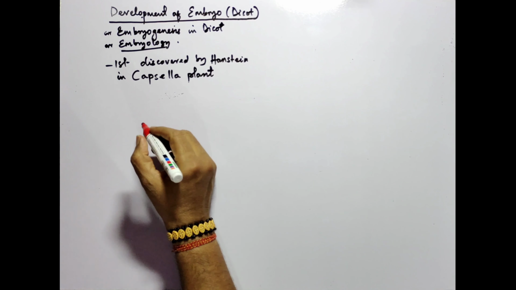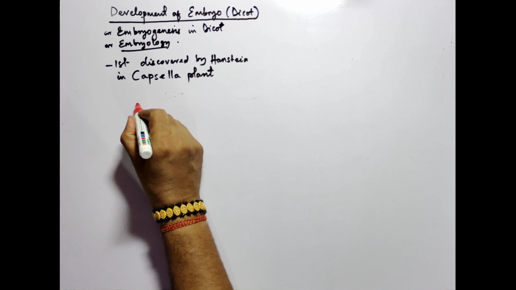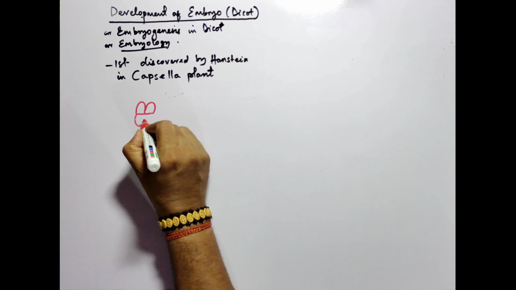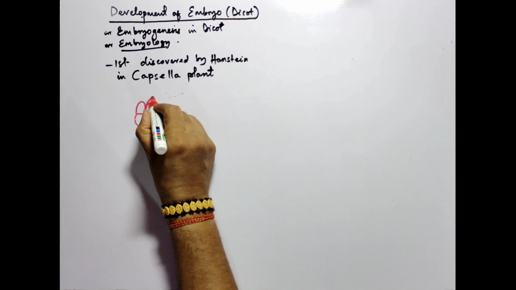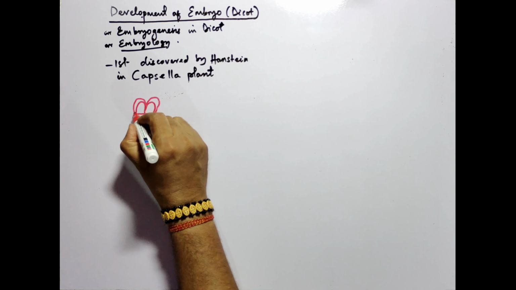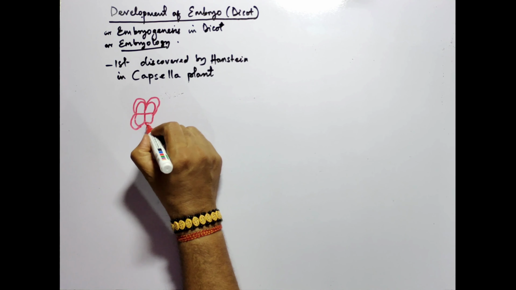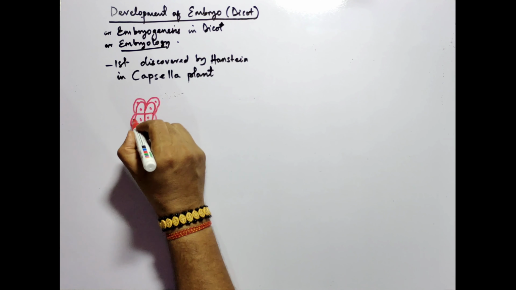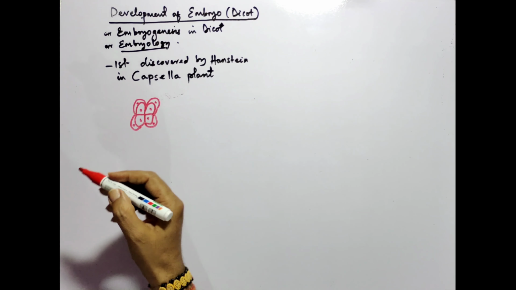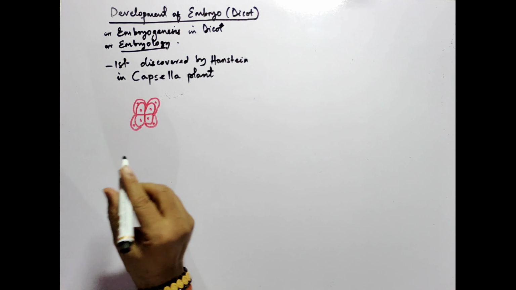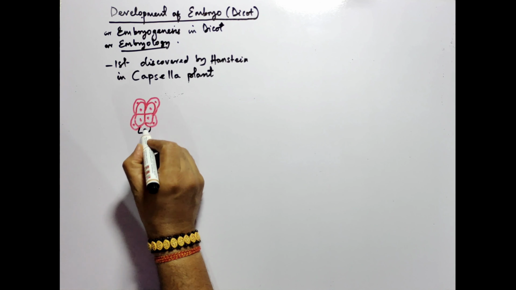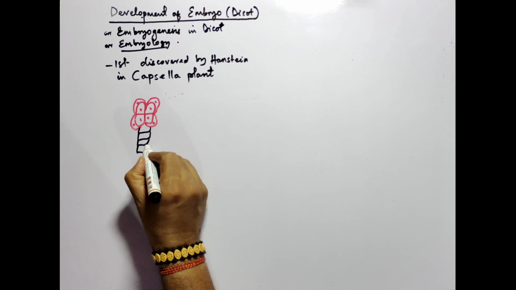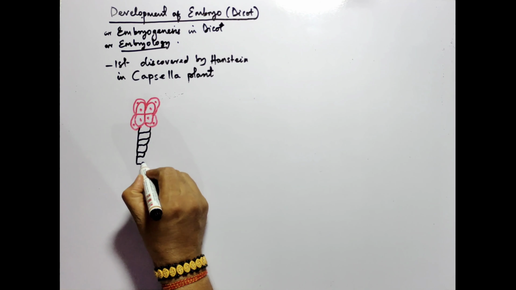these apical cells, in this way you can draw the structure. By division they will form 8 cells. And we can here draw the suspensor.